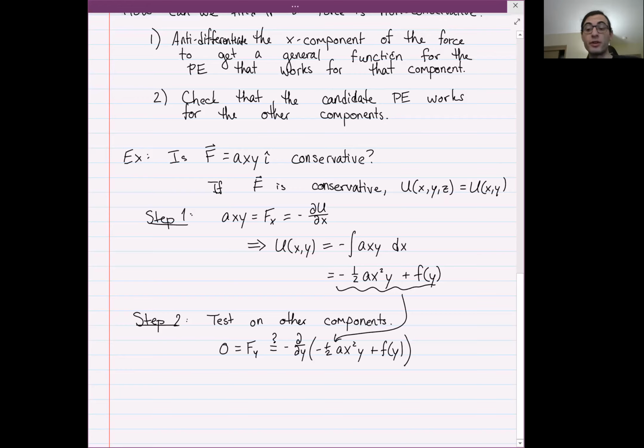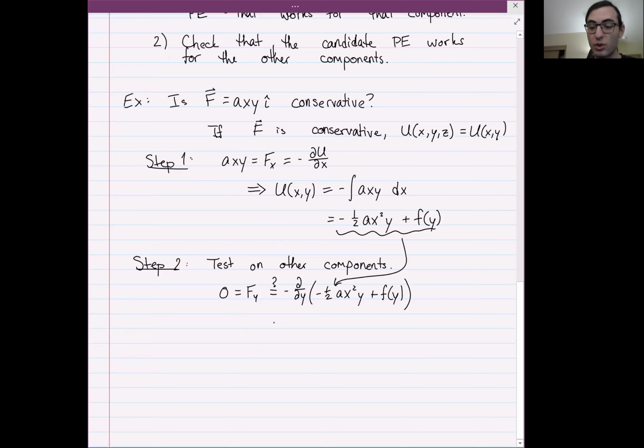We want to know if it's possible that there is some function f of y such that if you take the negative partial derivative of it with respect to y, you get 0. Then we're done. Then this is a check mark. It's indeed conservative.